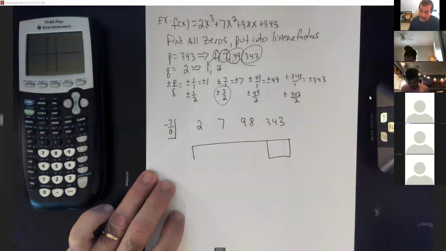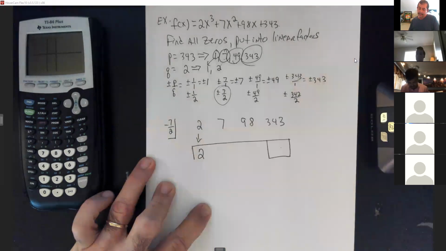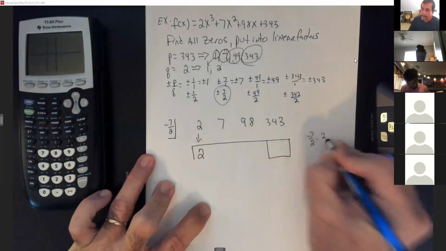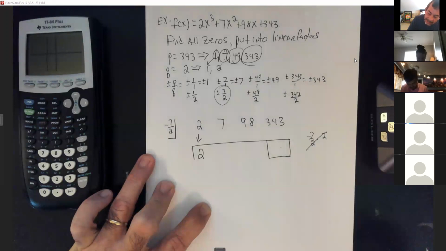All righty, so let's see. If we're right, that's going to be a 0 when we're done. So bring that 2 down. So y'all, let's see. -7/2 times 2. When you multiply them, the 2's cancel. So that's just going to give me a -7.